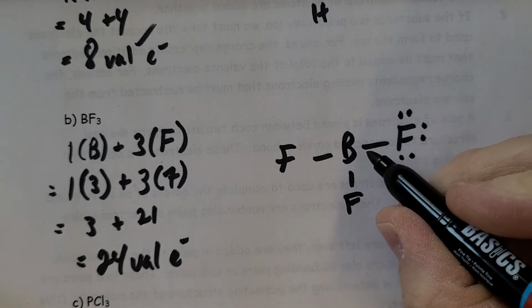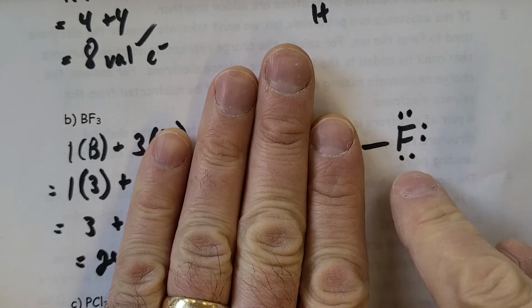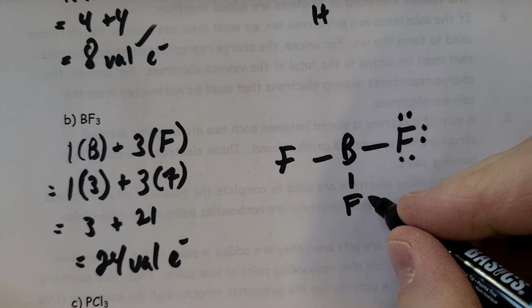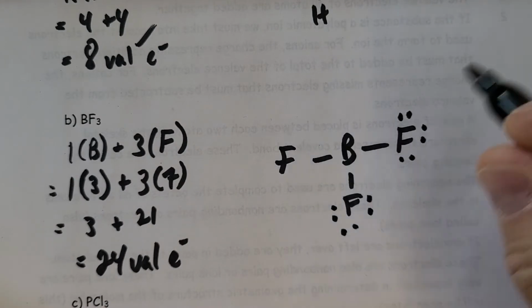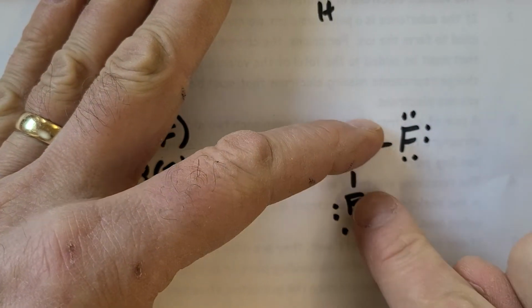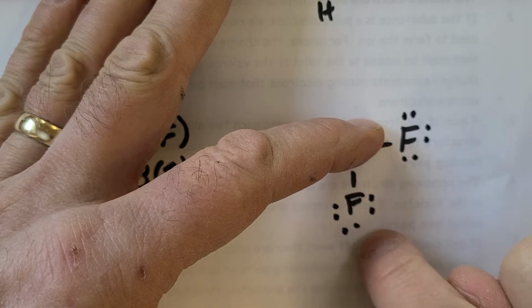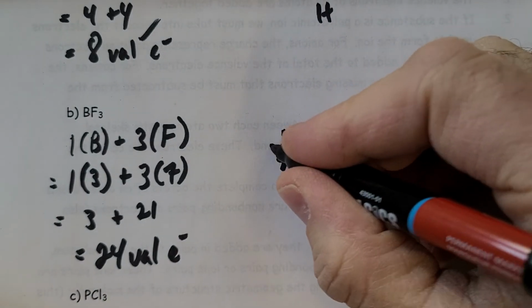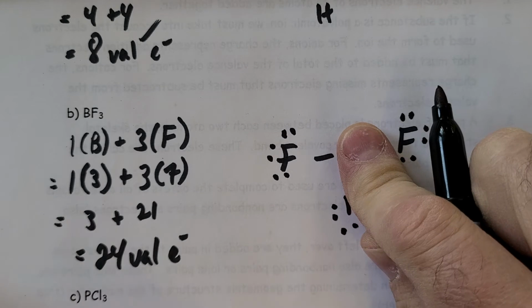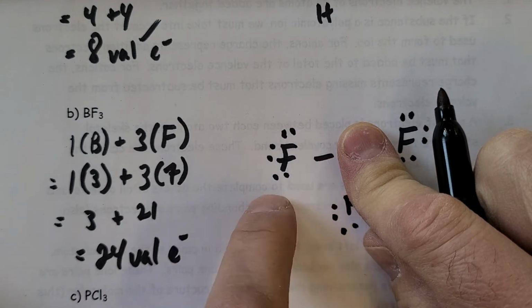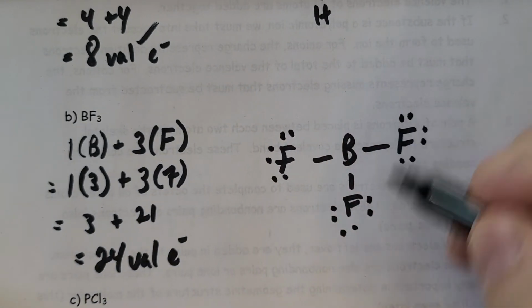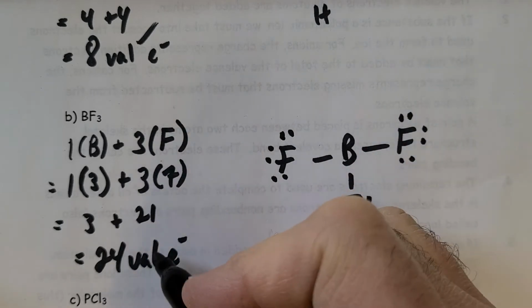So there we go. This fluorine you can think of as 2, 4, 6, 8, so it's good. This fluorine here will have 2, 4, 6, 8, and this fluorine considers this to be its own 2, 4, 6, 8, so we're good. So I have 8, 8, 8. 8 times 3 is 24.